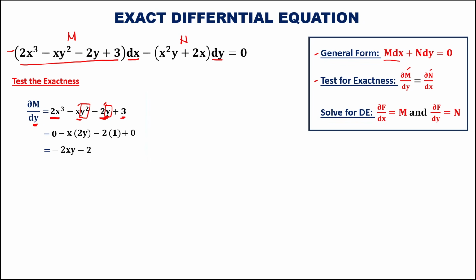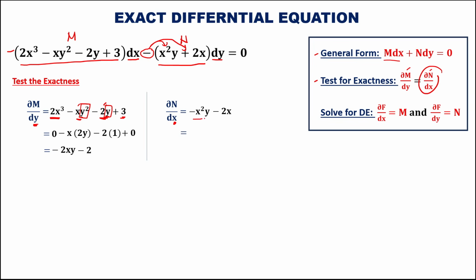Then to find the partial derivative for N, that's over dx, and this is the value for N. But take note, since this one is negative, we need to distribute. So this becomes negative x^2 y, and this is negative 2x. Now this one is dx, so the variable is x.